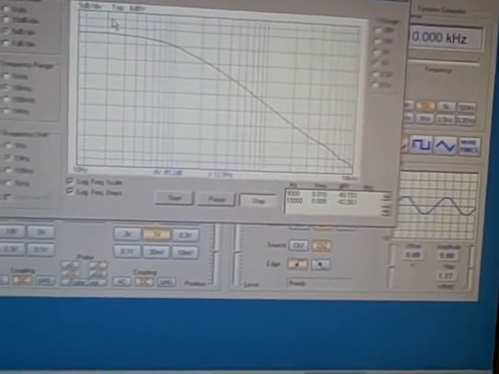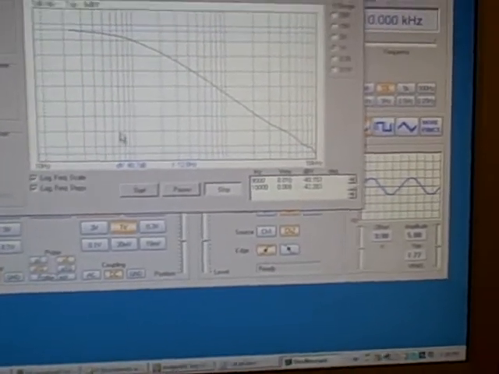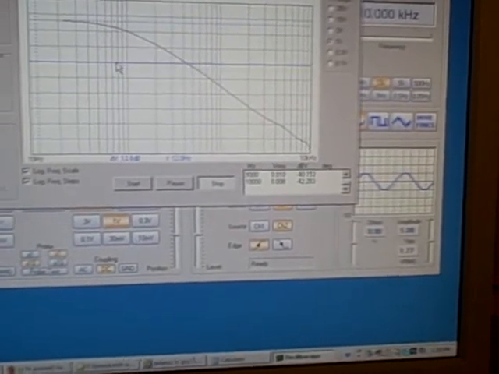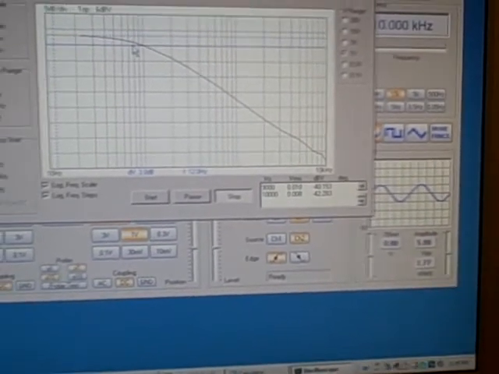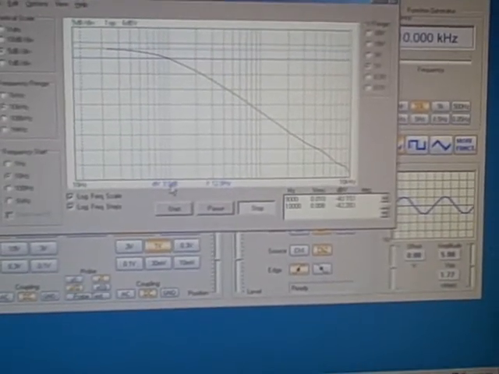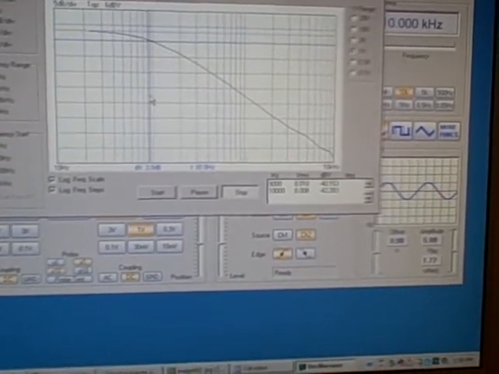So now what we want to do is figure out the F3dB point. So we mark the beginning level, and then we look at where we are 3 dB off, and I just got to it right there. That's 3 dB. And so let's look at where that intersects the curve.